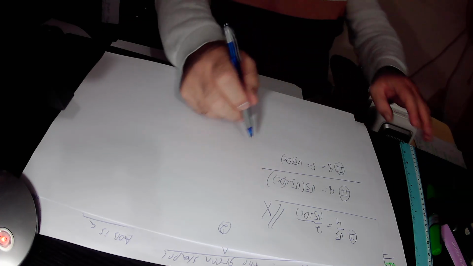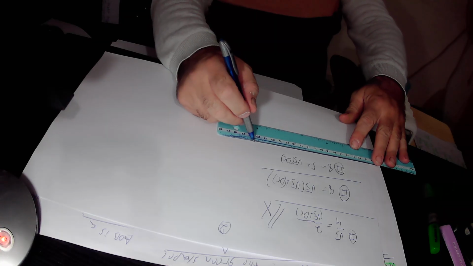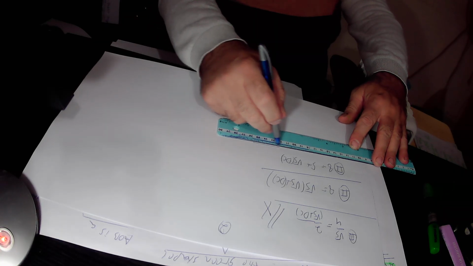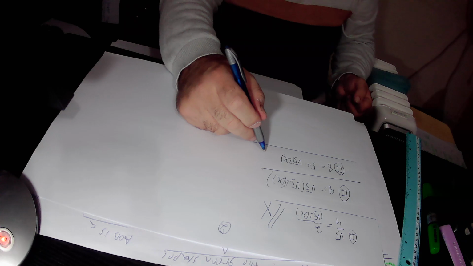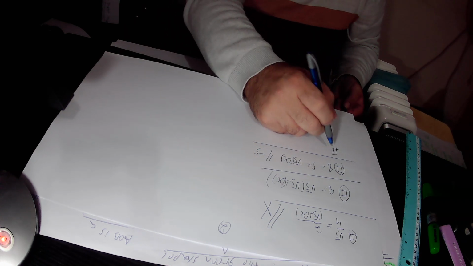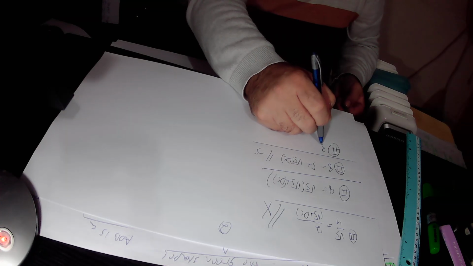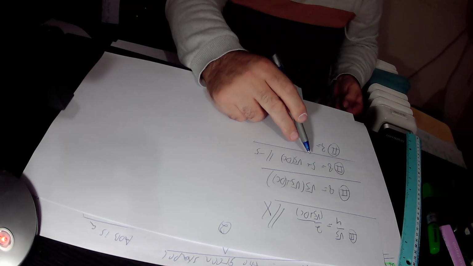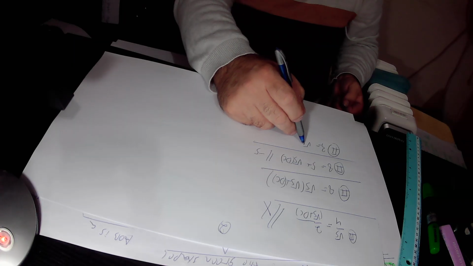So in total, according to equation 2, we found out that 8 equals 5 plus square root of 5 times DC. Here we subtract 5 from the equation, and we get that 8 minus 5 is 3, equals 5 minus 5 is 0, so we are left only with square root of 5 times DC.